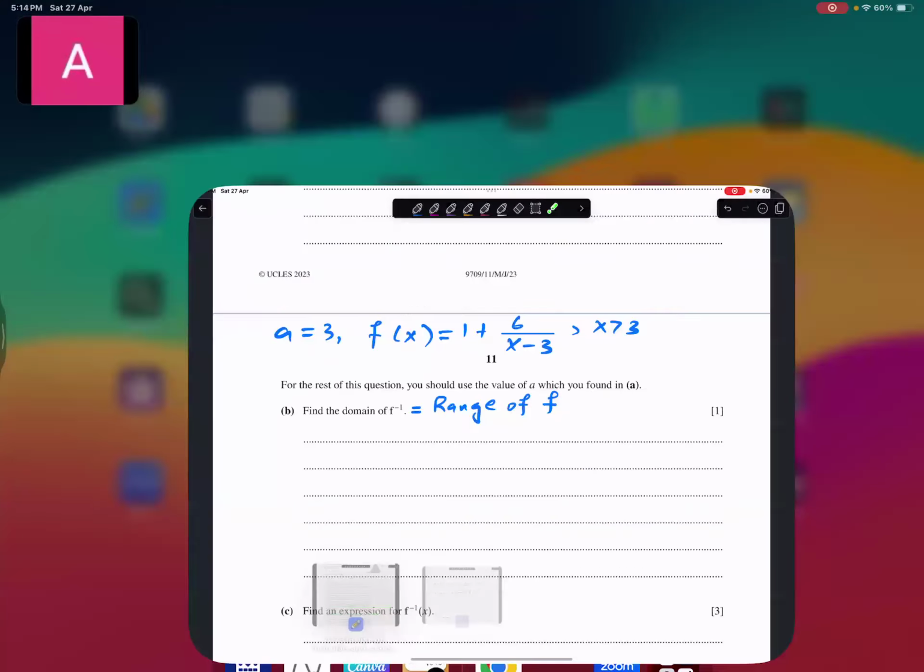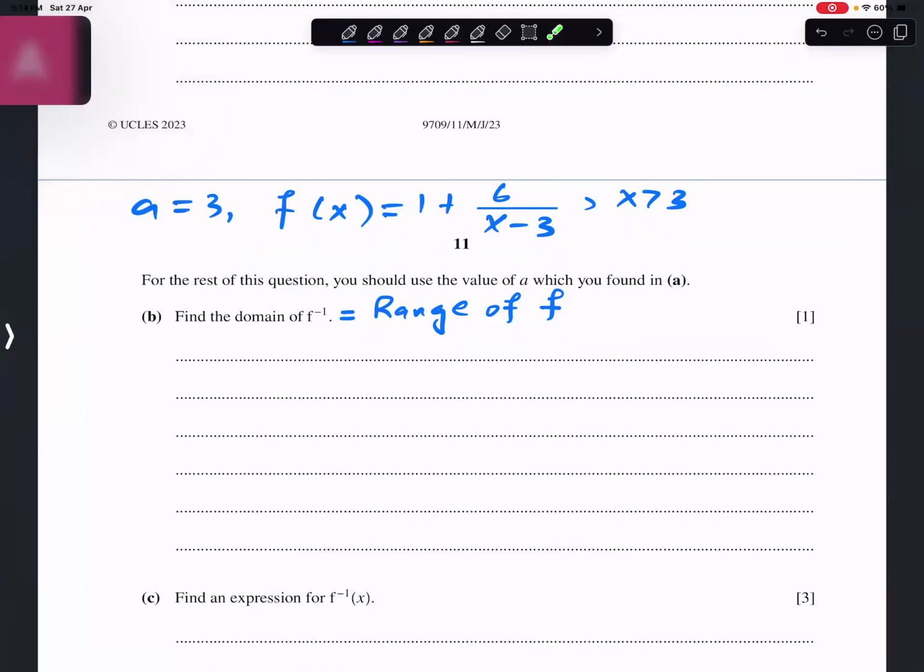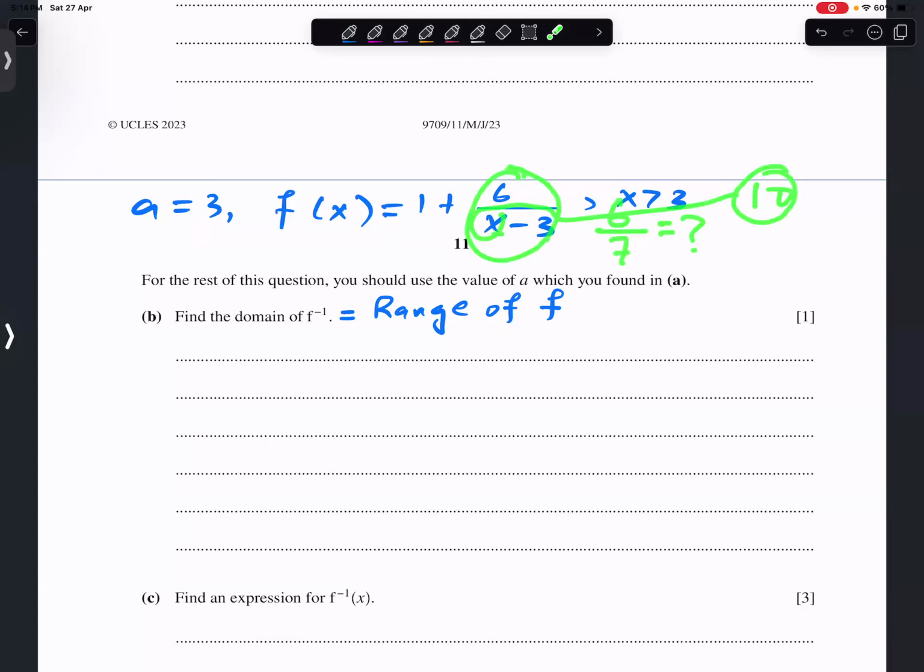So the range of f: you will see the behavior of this function by randomly taking values greater than 3. Let's take a value greater than 3, like 10, and put it here. 10 minus 3 will be 7, so 6 over 7 will give you something. Whatever value you take, the smallest value of f of x will be 1.